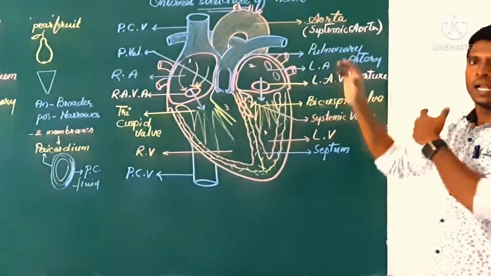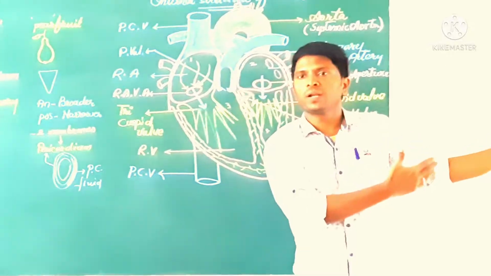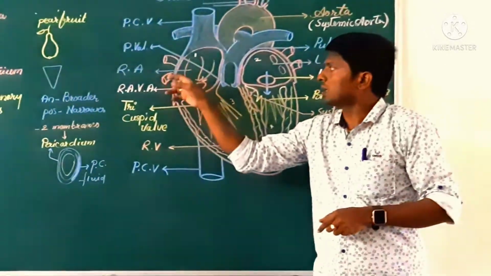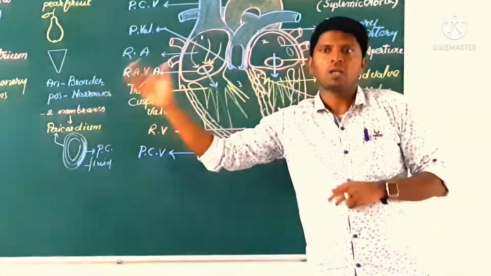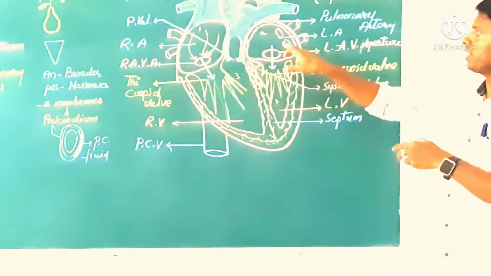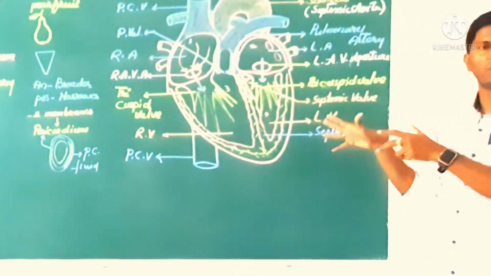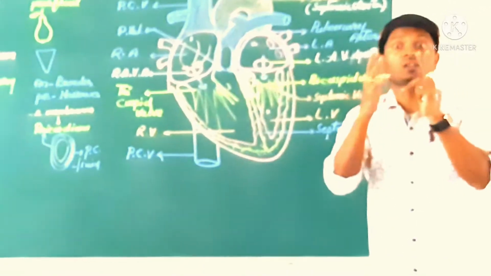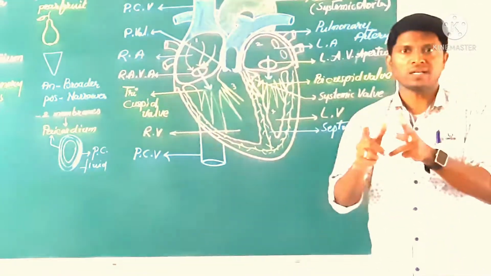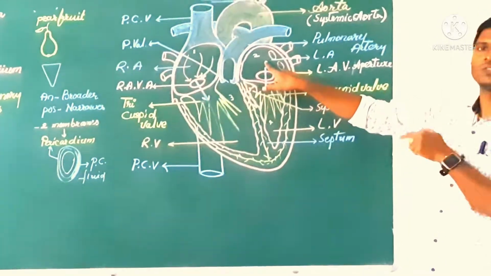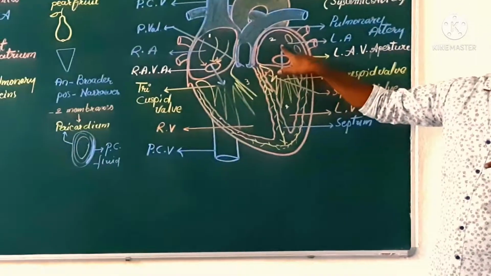These two are left pulmonary veins. These two are right pulmonary veins. All these open into the left atrium. These pulmonary veins bring oxygenated blood from the lungs to the left atrium of our heart.